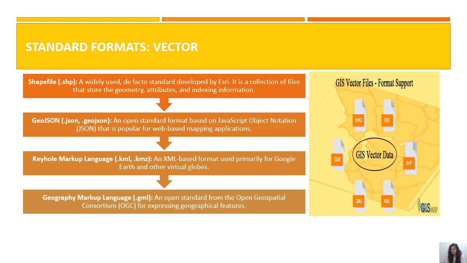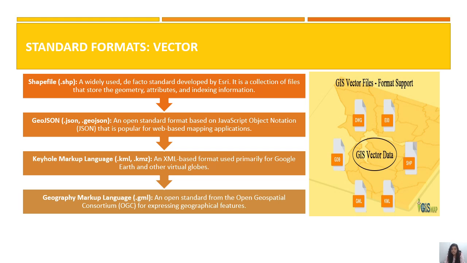There are some standard formats in vector data, which are shapefile, GeoJSON, Keyhole Markup Language, and Geography Markup Language. Let us understand what we mean by this. Shapefile is a type of file formed by ESRI as a de facto standard. It is a collection of files which store your geometry, attributes, and indexing.